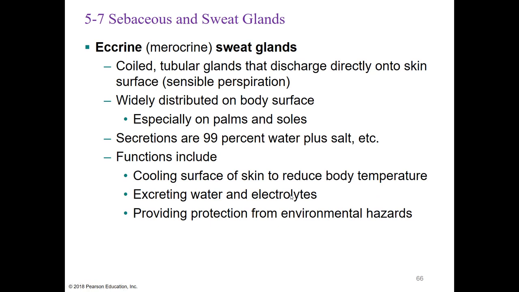We also have the other type of sweat gland called eccrine or merocrine sweat glands. And these are coiled glands that discharge directly onto the skin, and we call that sensible perspiration. So this is not smelly sweat like the other one. This is widely distributed on your body and is especially on palms and soles of feet, palms of hands and soles of feet.